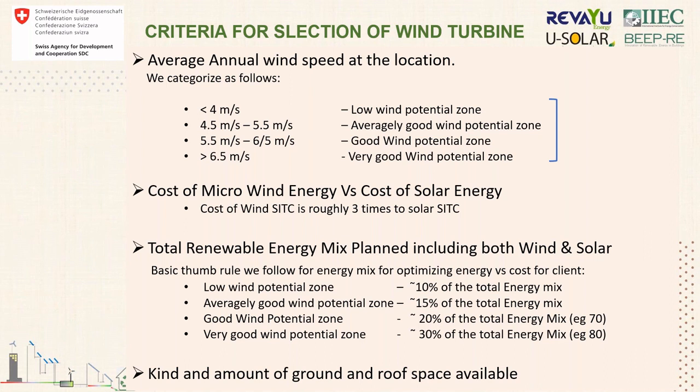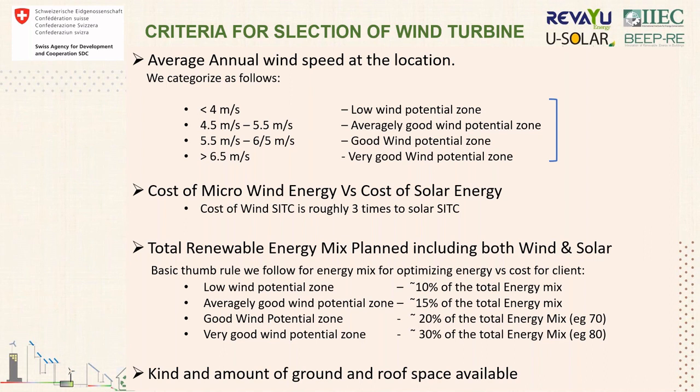There are not many technicalities involved. There are basic thumb rules, on the basis of which not me, any user can themselves decide what they want. So average annual wind speed at the location is the first criterion before deciding a wind mix, as I mentioned earlier.